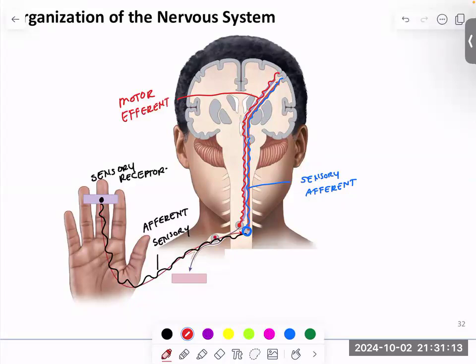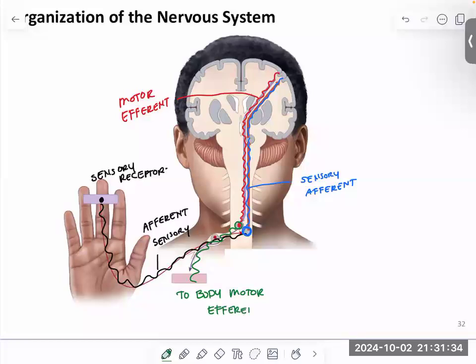Then the spinal cord is going to decide how it goes out to the body. How is your body going to have a motor response? A motor response to what you just detected. That is an efferent pathway, okay? So the spinal cord is technically responsible for pretty much this region.